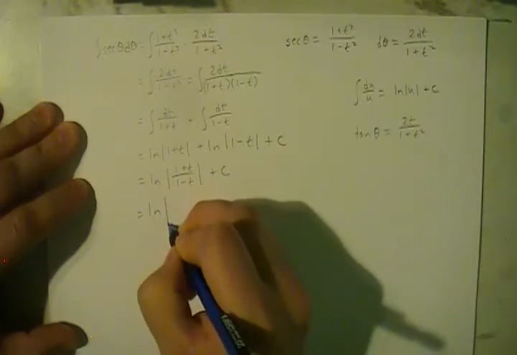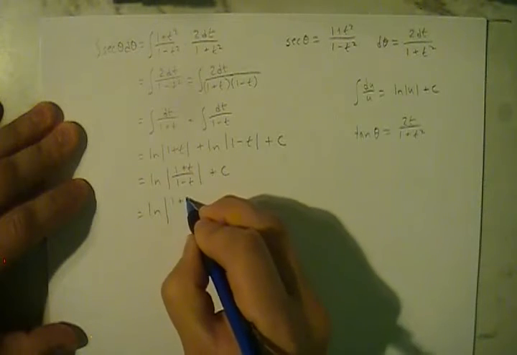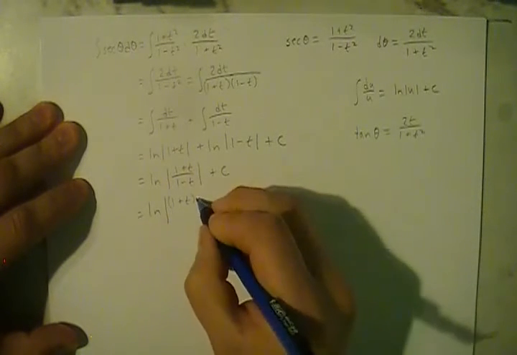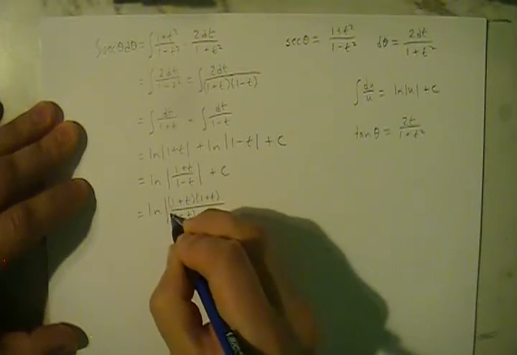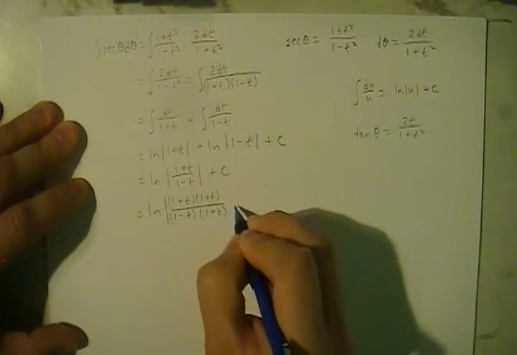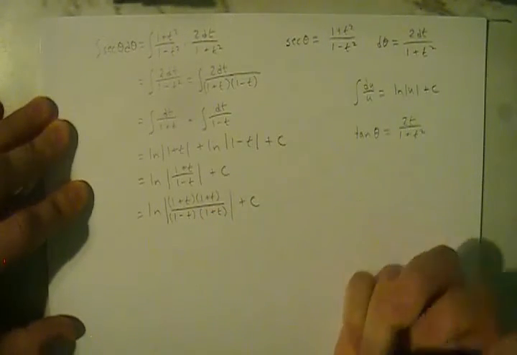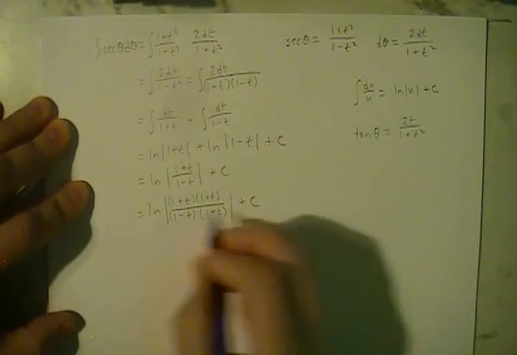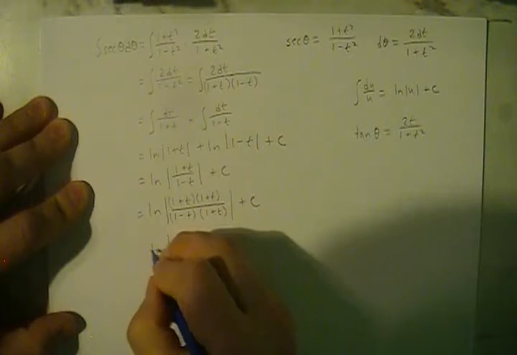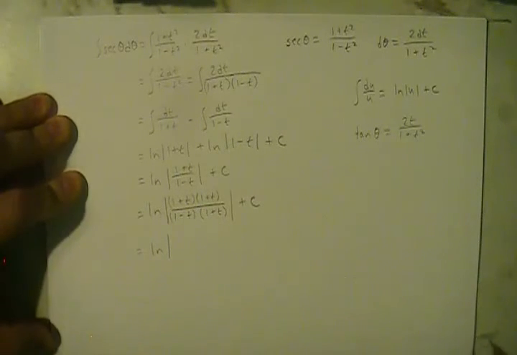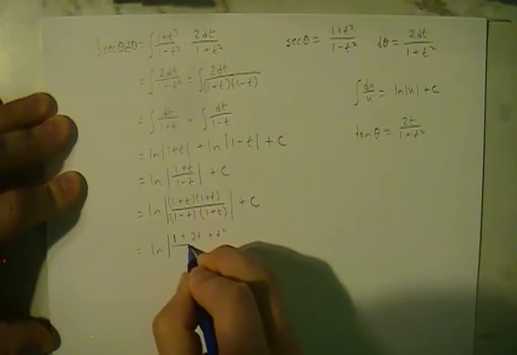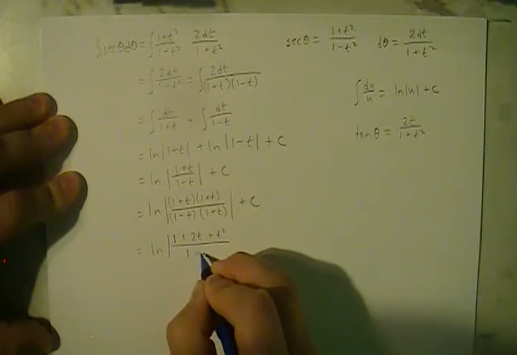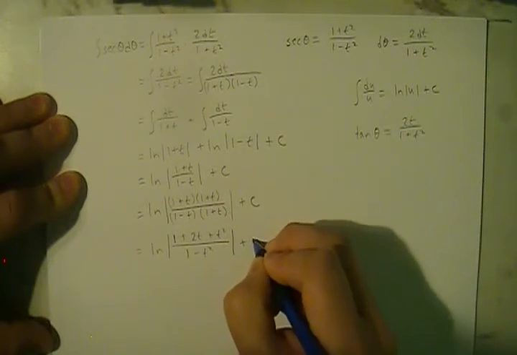And then I'm going to rewrite my natural log function here as 1 plus t times 1 plus t divided by 1 minus t times 1 plus t. And when I multiply this out, I have 1 plus 2t plus t squared divided by 1 minus t squared plus c.